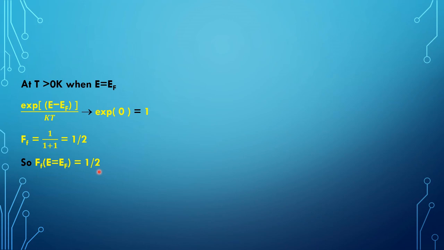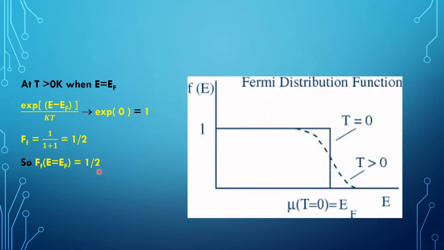Okay, and this is the plotting for the Fermi probability function versus energy graph. This is the Fermi probability function and this is the energy for different temperatures. This solid line is for T equal to 0 Kelvin, that means at absolute temperature, and this dotted curve represents T greater than 0 Kelvin temperature.